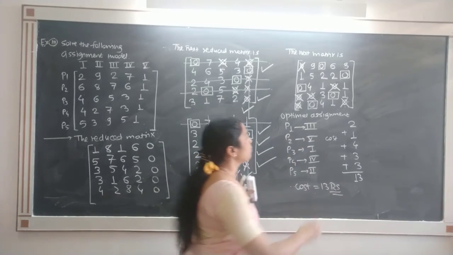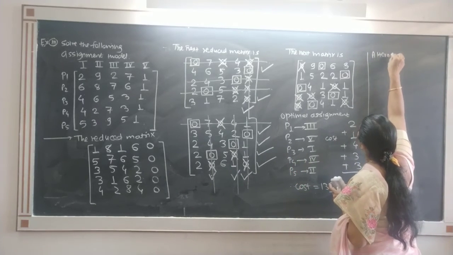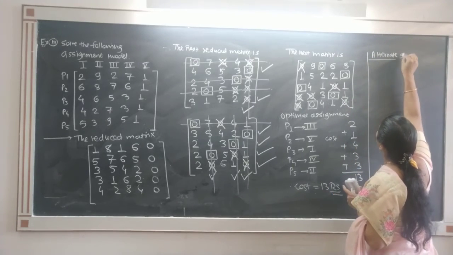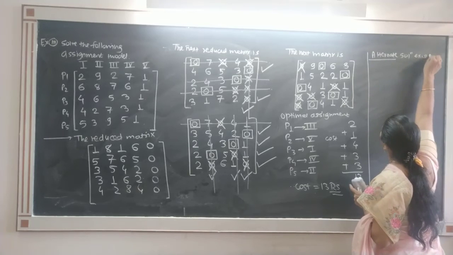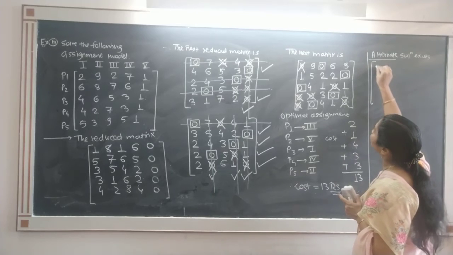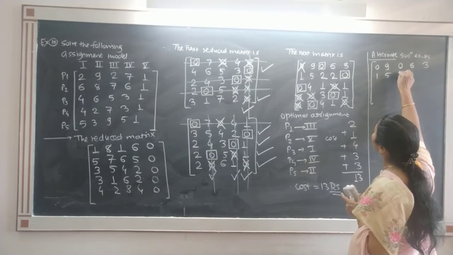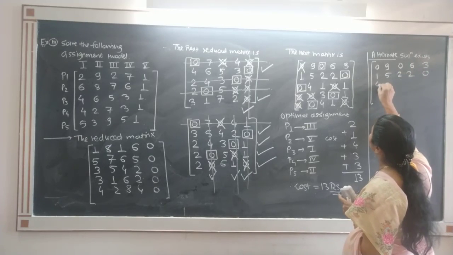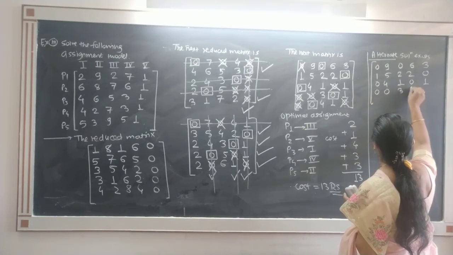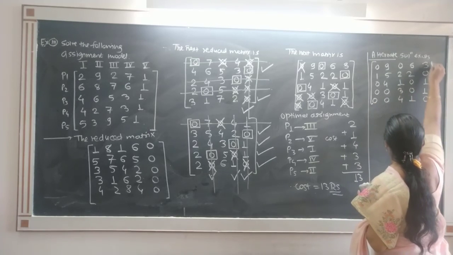Now see, multiple solutions exist. So we will find the alternate solution as the number of ways to strike off the zeros are more. So an alternate solution exists. To find the alternate solution, I will consider this same matrix: 0 9 0 6 3, 1 5 2 2 0, 0 4 1 0 1, 0 0 3 0 1, and 0 0 4 1 0.